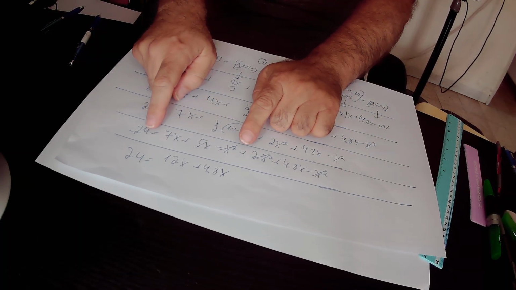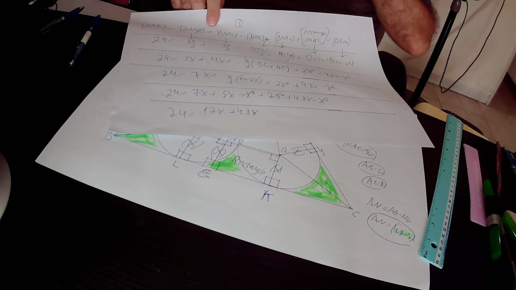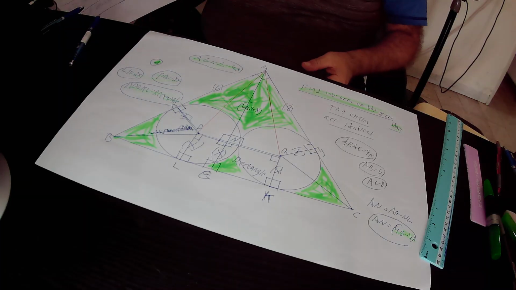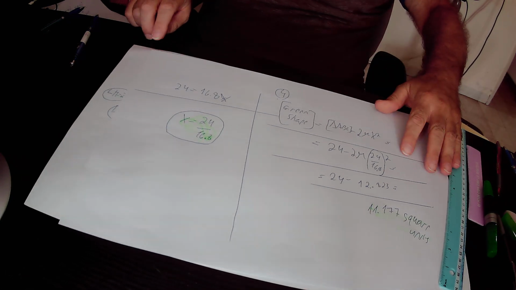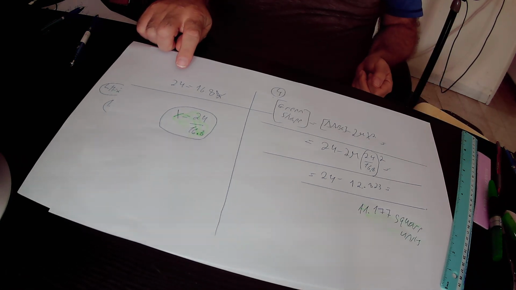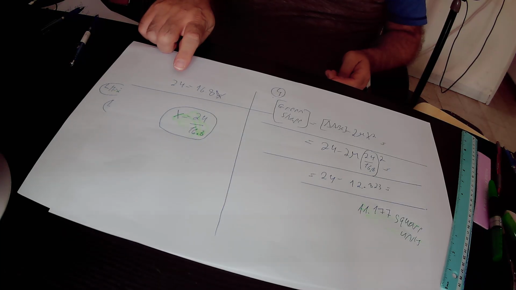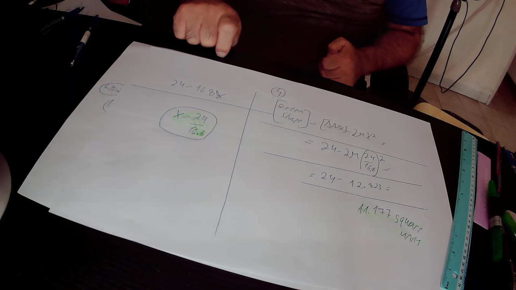So in total, we found out that 24 equals 12x plus 4.8x, which is 16.8x. Here we divided this equation by 16.8, and we found out that x, the radius of the circle that we are looking for, is equal to 24 over 16.8 units in length.